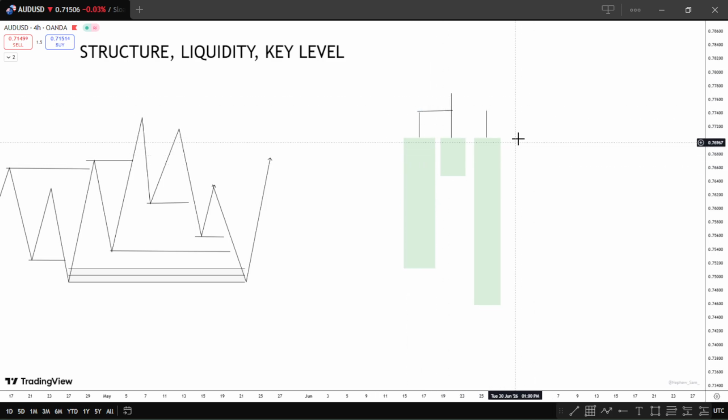Then the next candle that forms, the following day, basically closes within the body of the previous candle, but the wick took out the wick of the previous candle. That's the previous day high. It took out the previous day high and then closed below. So this basically signifies a buy rejection and then a sell momentum.